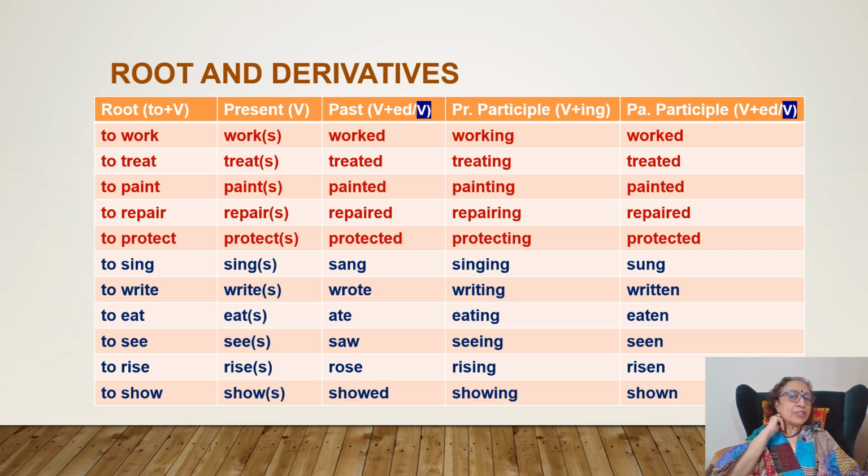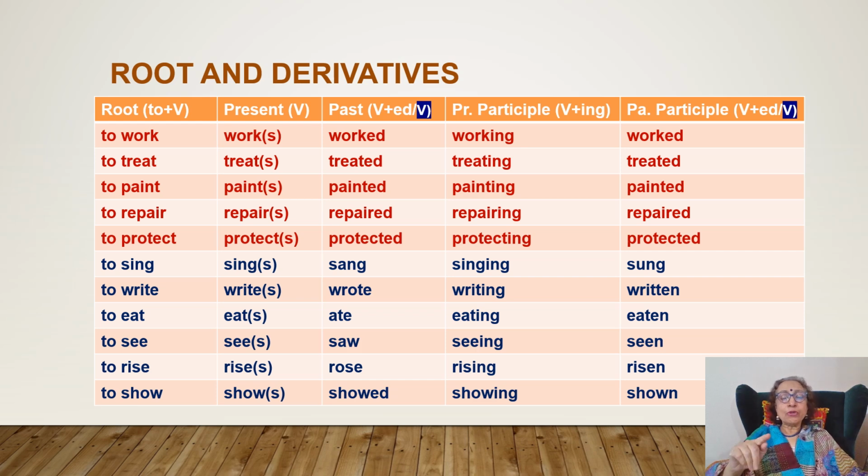So with he, she, and it, we shall say works, treats, paints, repairs. With I, we, you, singular, plural, and they, we shall use the verb without the s. For this, you have to watch the pronoun video, which will give you clarity. Now we come to the past tense.